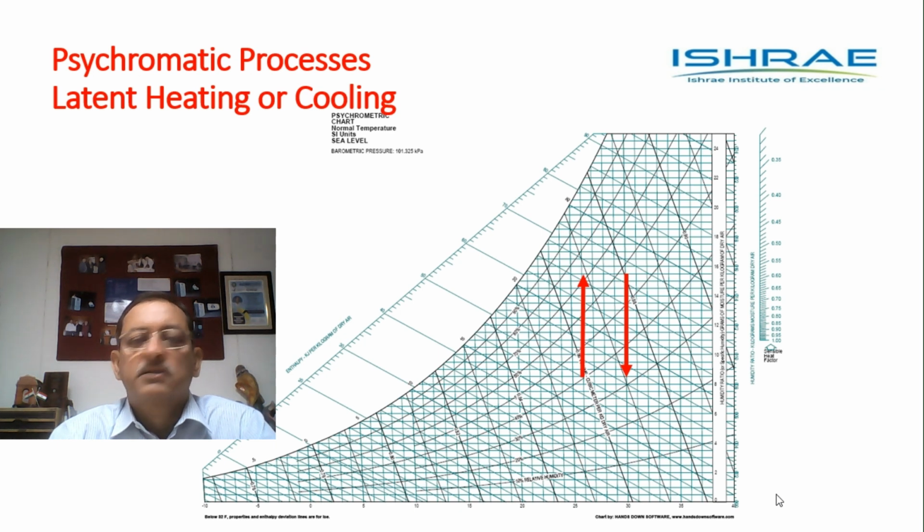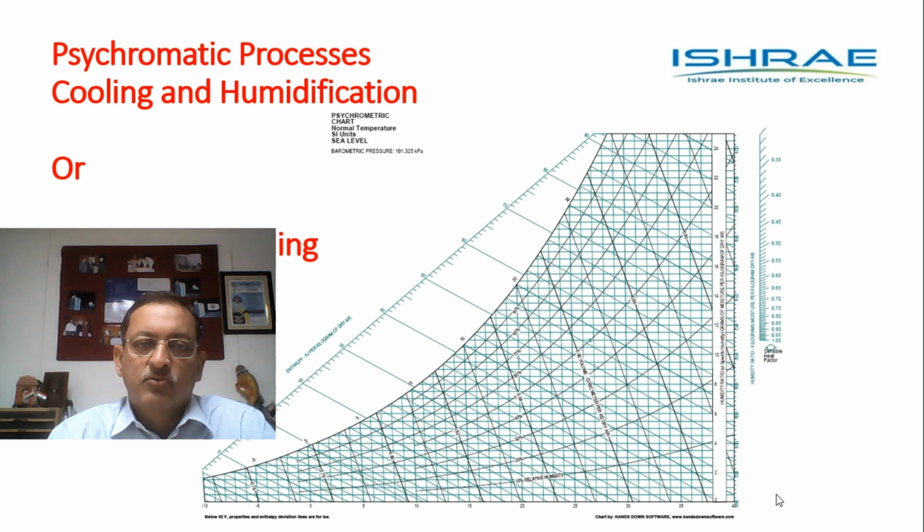As you know that the amount of moisture is reflected on the y-axis of the psychrometric chart. So when we add pure latent heat, then the amount of moisture content increases, and when we reduce the latent heat, then the moisture content of air decreases. So we come down.